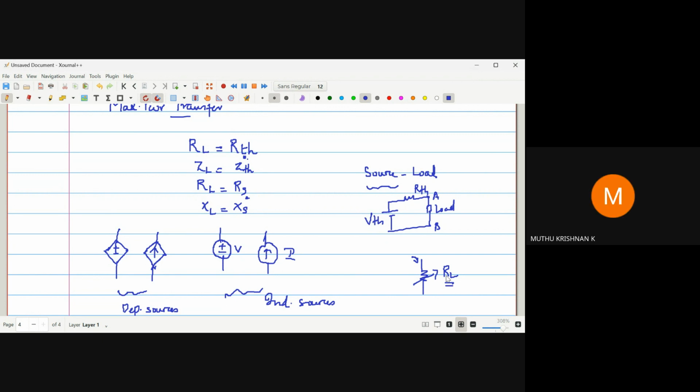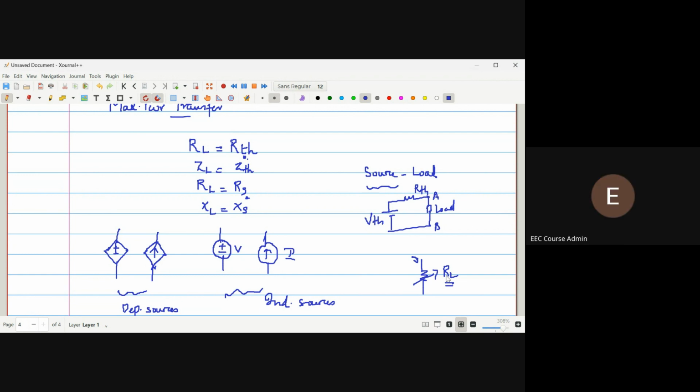If R load is lesser than the value of RTH, why can't it consume maximum power? I think I have to take some example and then make you understand. What example, ma'am, can I take? Ma'am, I have one idea for this. Can I tell, ma'am?